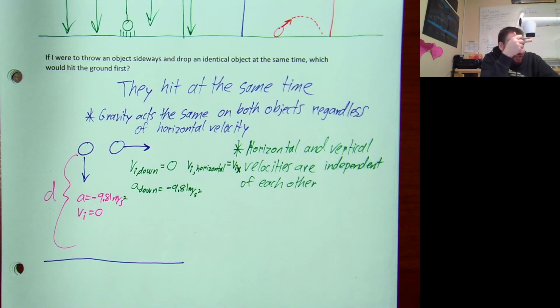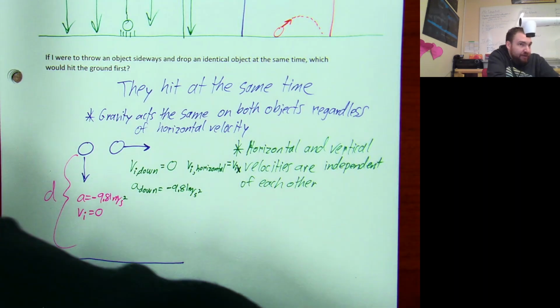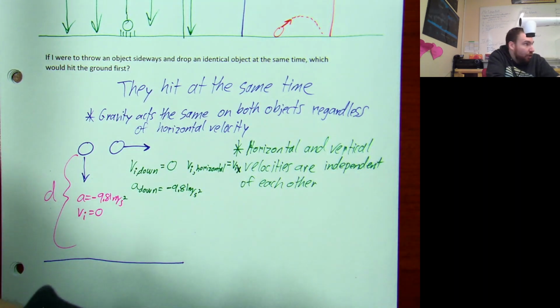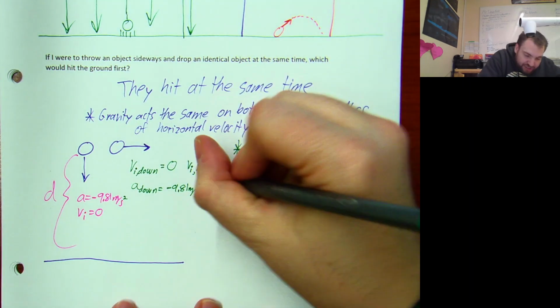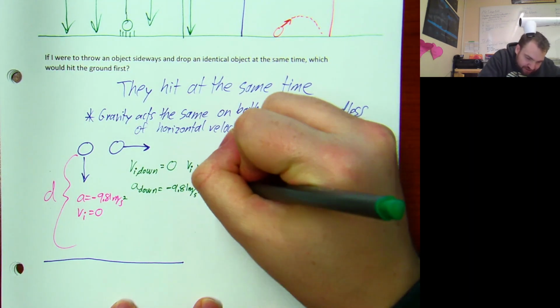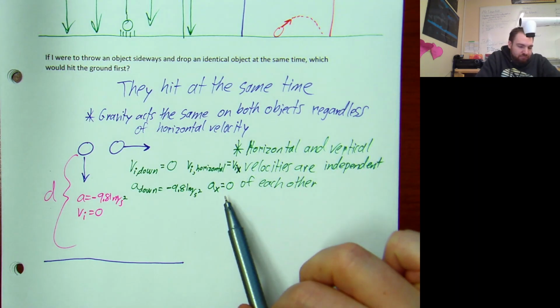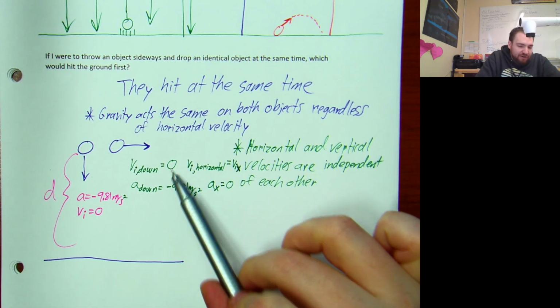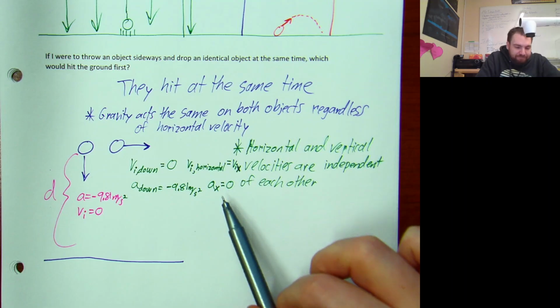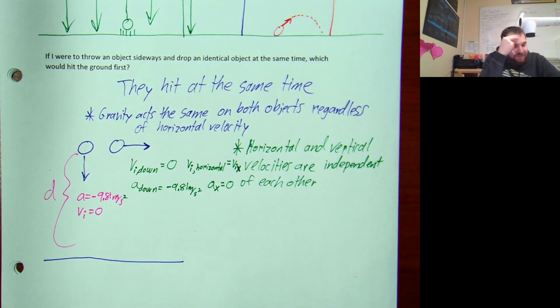And if there was no acceleration on the ball as it rolled off the table, does it make sense that there would be a horizontal acceleration as it flew through the air? No. So my acceleration in the x direction is also going to be 0. I had an initial velocity downwards of 0, and now I've got a horizontal acceleration of 0. What else can you tell me about this object?